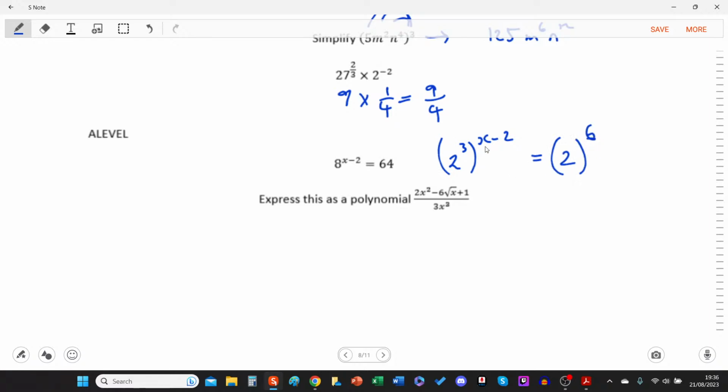And therefore, let's do another line actually. We can multiply that 3 in, so we get 3x minus 6 equals 2 to the 6. And therefore now, because these bases are the same, we can equate the two tops. And then we get 3x equals 12 and x equals 4.